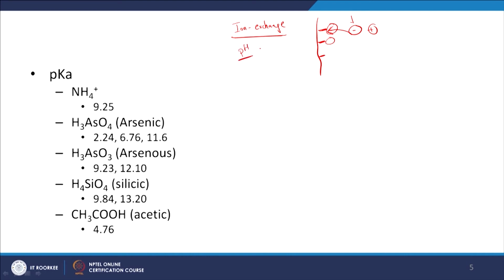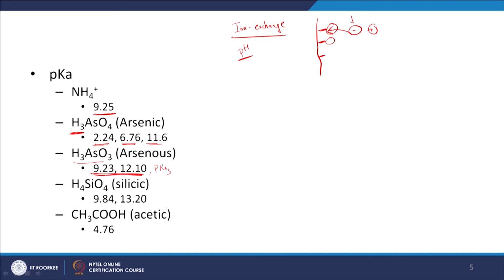Before going further, here is some of the data, so let us look at that. For ammonium, the pKa value is 9.25. For arsenic, because it has the ability to donate 3 protons, we have 3 pKa values, pKa1, pKa2 and pKa3, and that is what we see here: 2.2, 6.7 and 11.6. For arsenous acid, I believe I am missing the pKa3 value here, but that is fine.